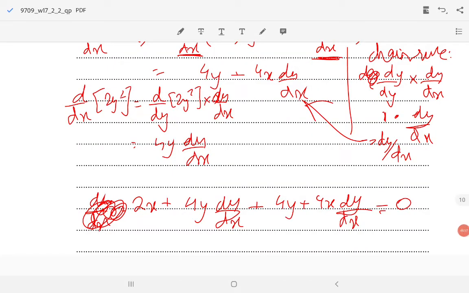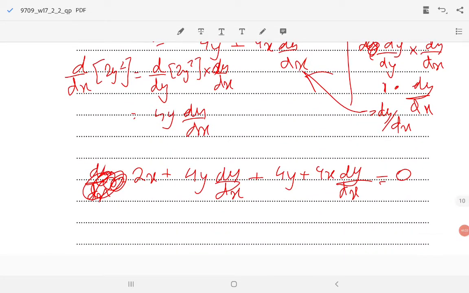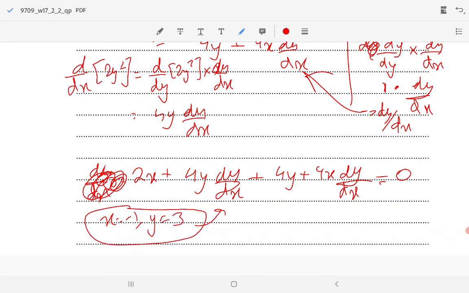Sorry guys, I noticed a mistake here. This is going to be 4. So substituting x equals -1 and y equals 3 into this equation, we get -2 plus 12 dy dx plus 12 minus 4 dy dx equals 0.